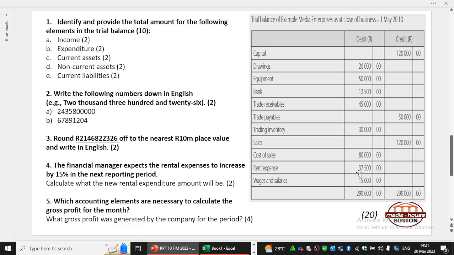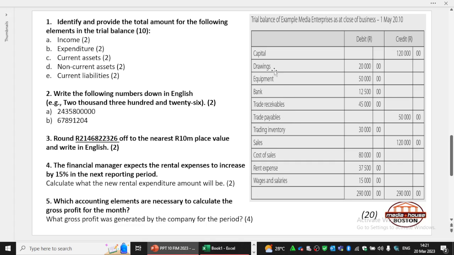So to be able to identify these expenditures quickly, try to look at your trial balance. Is your trial balance drawn up with the balance sheet accounts first, followed by the nominal accounts?